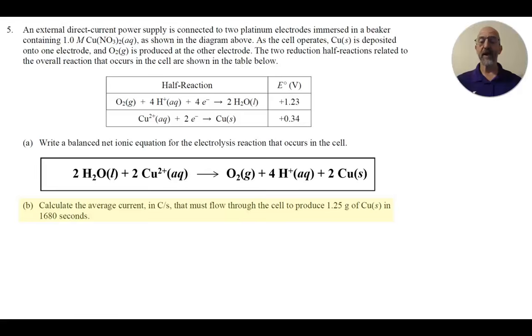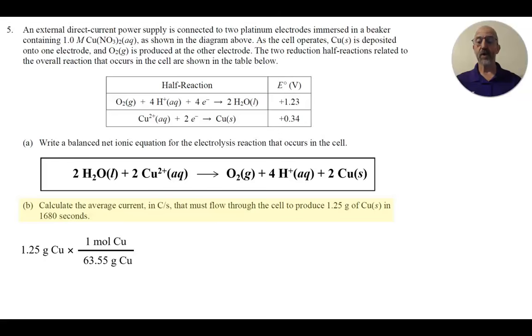So the first thing I will do is what I had done back in question 4. I'm going to start with grams, and I will convert from grams into moles. So I'm going to write down 1.25 grams of copper. I will use the information on the periodic table to convert from grams to moles, and there is 63.55 grams of copper for every 1 mole of copper. The next thing I will do is convert from moles of copper into moles of electrons.